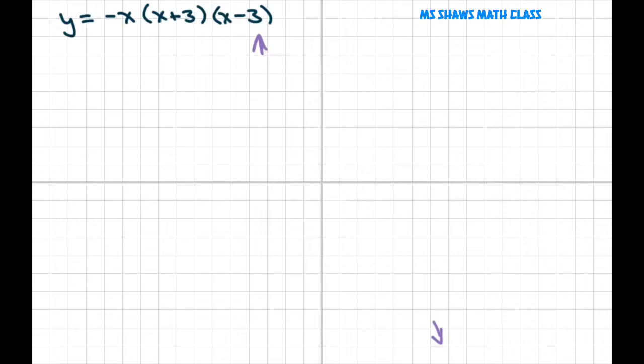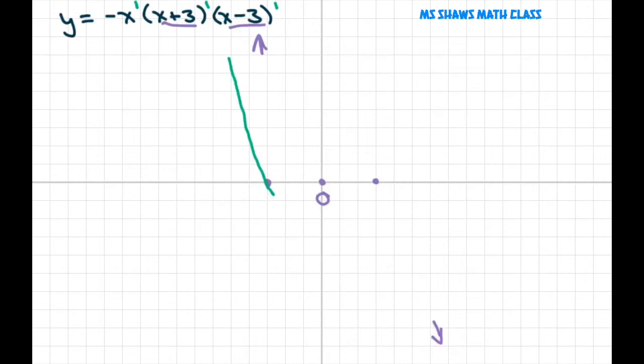Now let's plot our zeros. We have 0, and then this one was negative 3, and this one was 3. All multiplicity of 1. So basically when you graph here, since all the multiplicities are 1, you can cross the x-axis. So you're going to cross here.